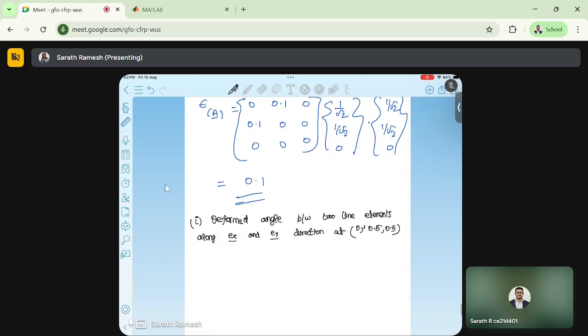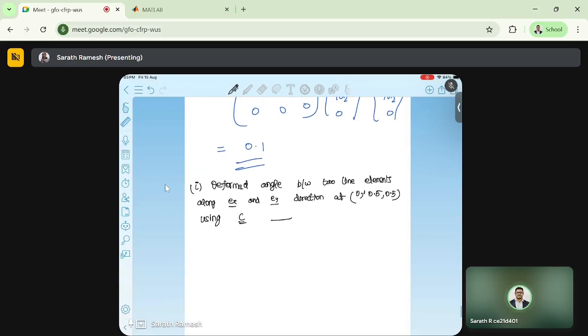Okay, using C, the right Cauchy-Green deformation tensor. Because yeah, we can use C. Also we can use that epsilon, right? For small deformation we have a short formula which will compute. So here particularly they are asking us to use the right Cauchy-Green deformation tensor.